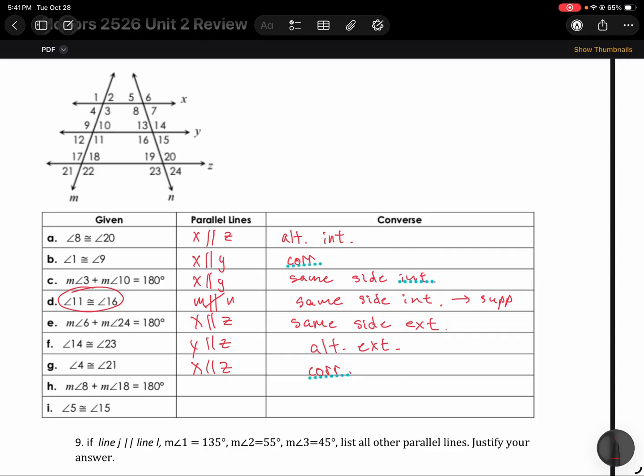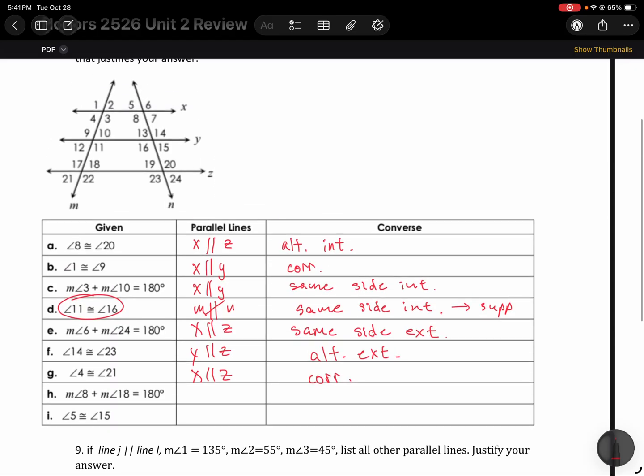Angles 8 and 18 are supplementary, and we don't know that because these use completely different sets of lines. So we don't know anything's parallel, and these aren't even related. They don't even have a name for this, so I guess we're just going to leave that blank.